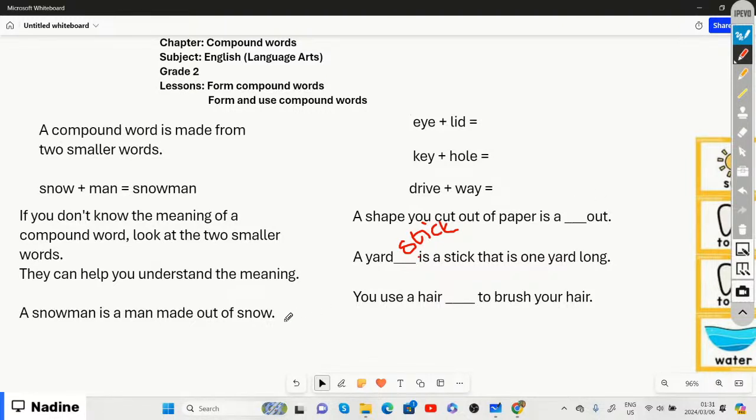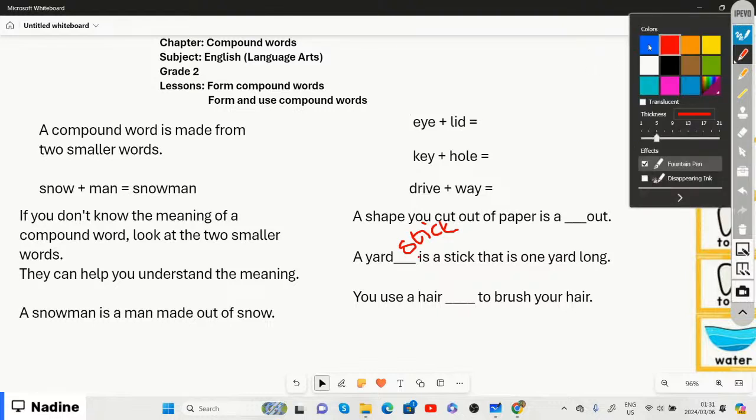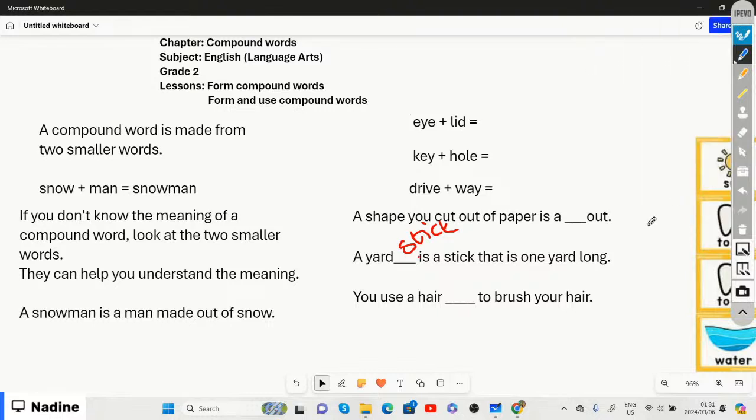All right. So we can also use a hair to tie your hair. What can we use in order to tie the hair? So which means that you can use a hair tie or a hairbrush.